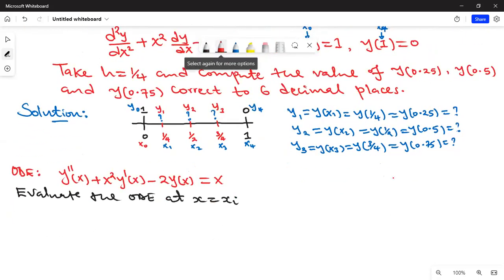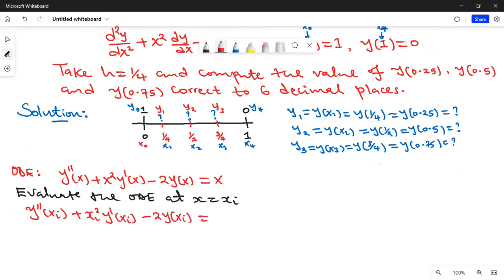It will now be y double prime at xi plus xi squared y prime at xi minus 2y at xi is equals to xi. And take note that I want us to write a note here that when I write y at xi, it is the same as yi.